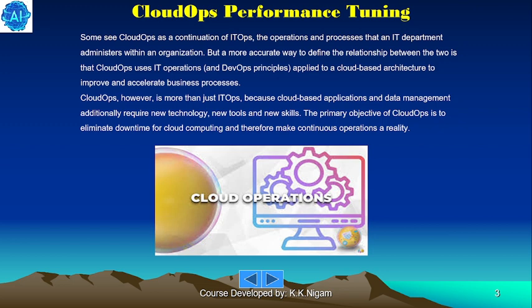CloudOps, however, is more than just IT ops, because cloud-based applications and data management additionally require new technology, new tools, and new skills. The primary objective of CloudOps is to eliminate downtime for cloud computing and therefore make continuous operations a reality.